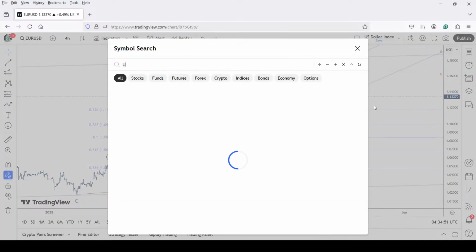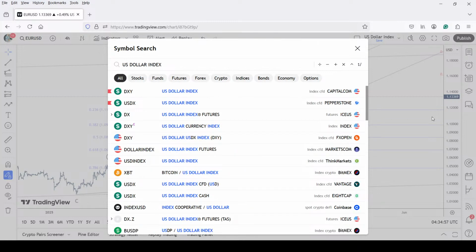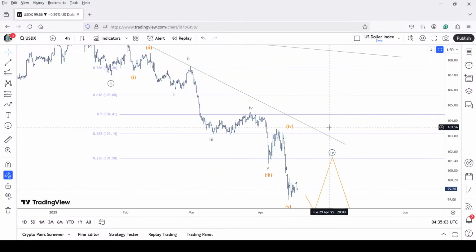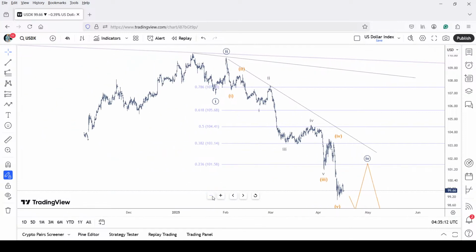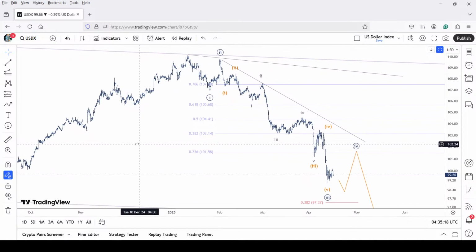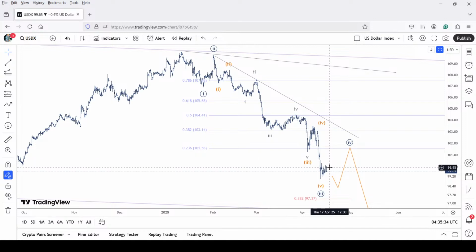Let's now turn to the dollar index. And the dollar index, according to the price action now, might be beginning to cut loose on the south side.